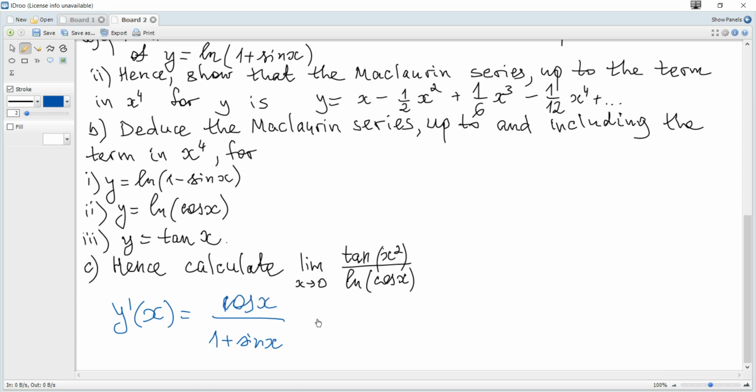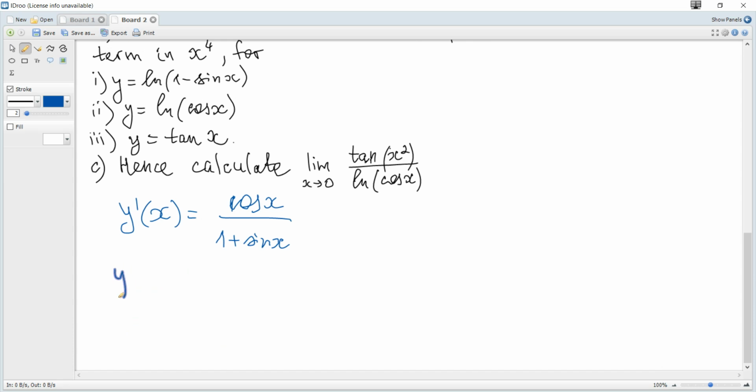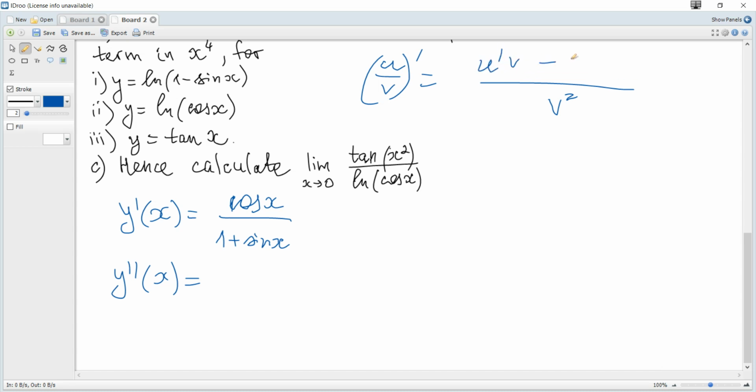over 1 plus sine. So the second derivative becomes, we can see that it's a ratio, and we should apply the quotient rule, and the quotient rule says that the derivative of u over v is the denominator squared in the denominator, and in the numerator the next expression: numerator derivative by the denominator minus the numerator multiplied by the denominator derivative.